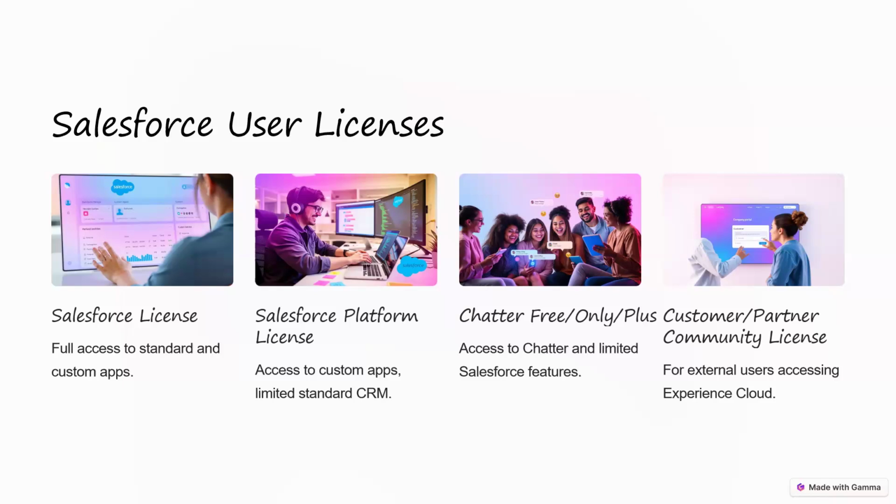We need to give the license based on the purpose of that user, how he is going to use it, and how much accessibility he really needs. For example, for community purposes, we don't need to give the Salesforce license, right?